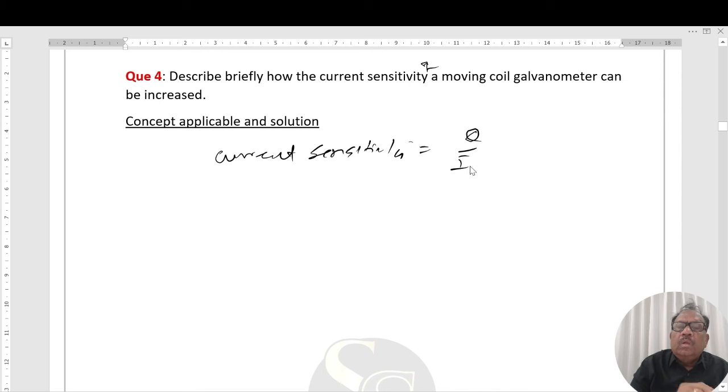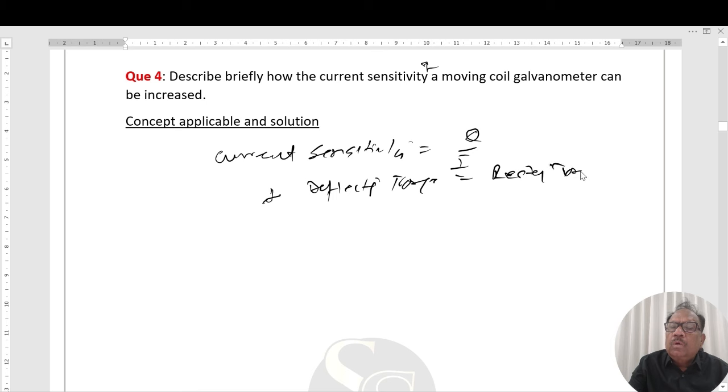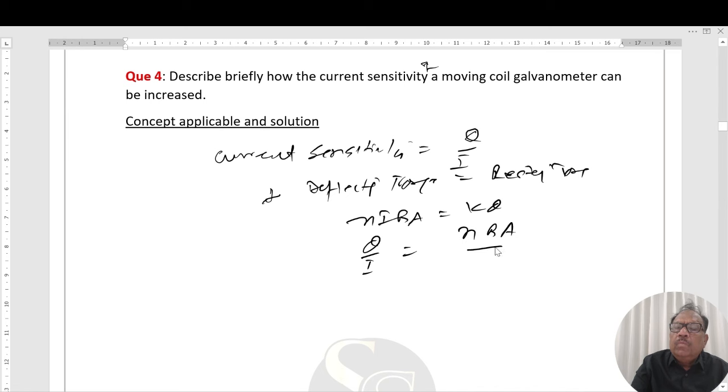In the galvanometer, the deflecting torque is equal to the restoring torque: NIBA equals K theta. Using this, theta upon I will be equal to NBA upon K. These are the factors on which current sensitivity depends.